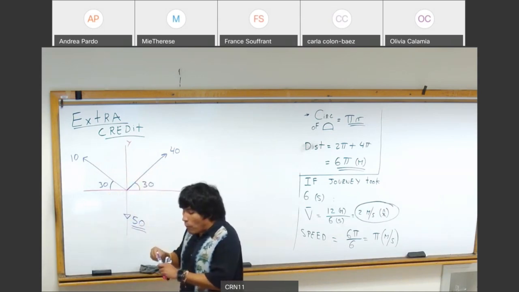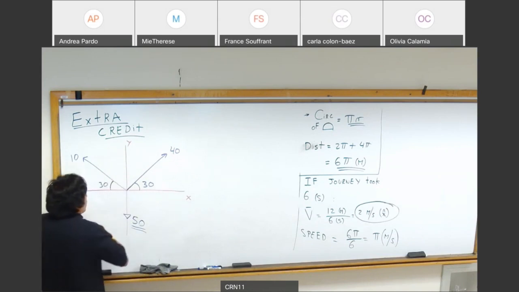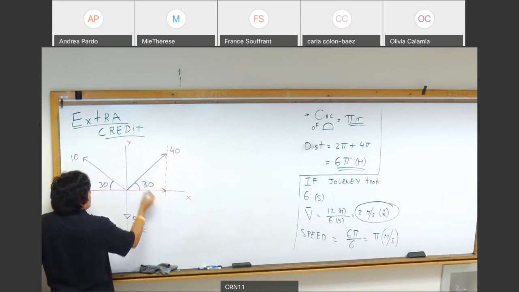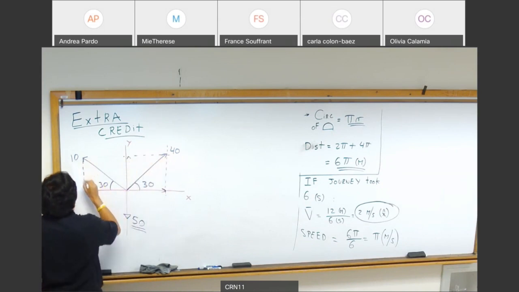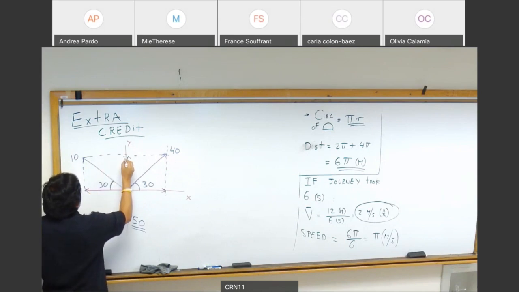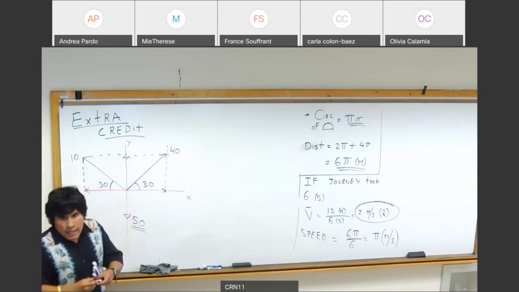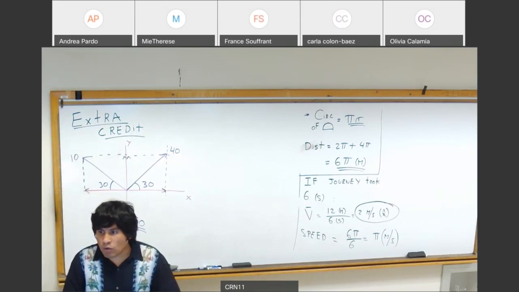So you want to find the components. That's what we did in the second class, I believe. We broke vectors into components like this. Same here and here. And yeah. So that allows us to find the resultant.